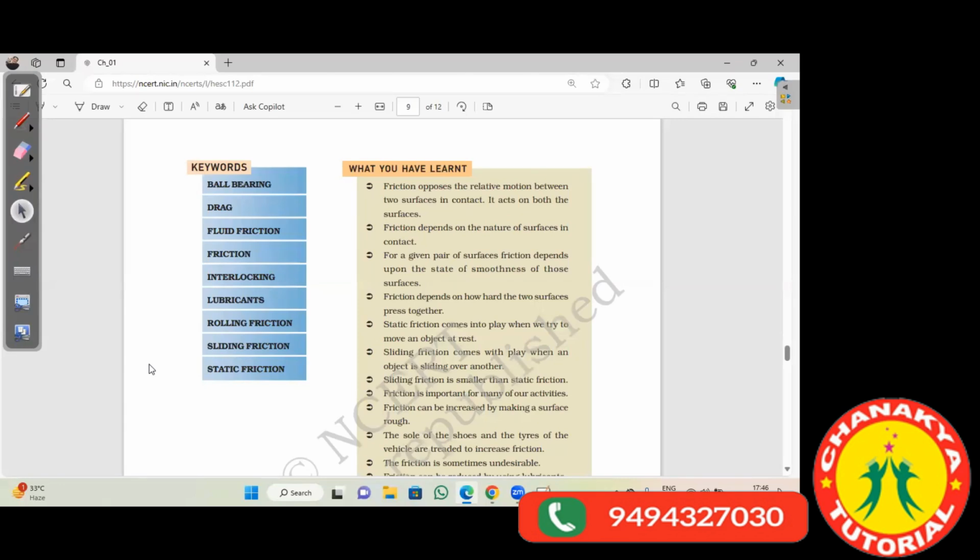We observed that you have two surfaces, and these two surfaces are rough. So the irregularities or interlockings of the surfaces get interlocked with each other and hence cause friction. So the cause of friction is the interlocking between the surfaces.